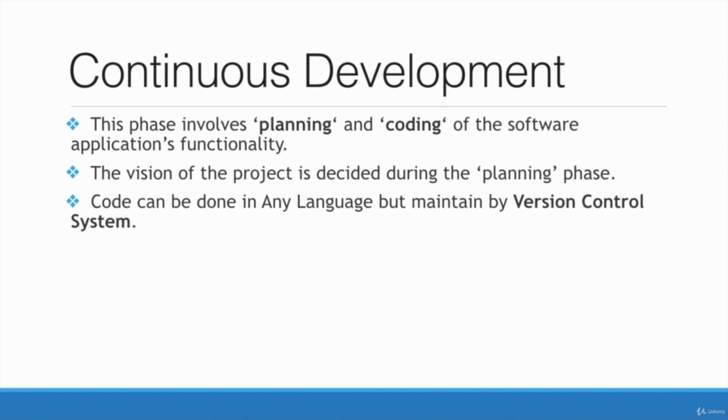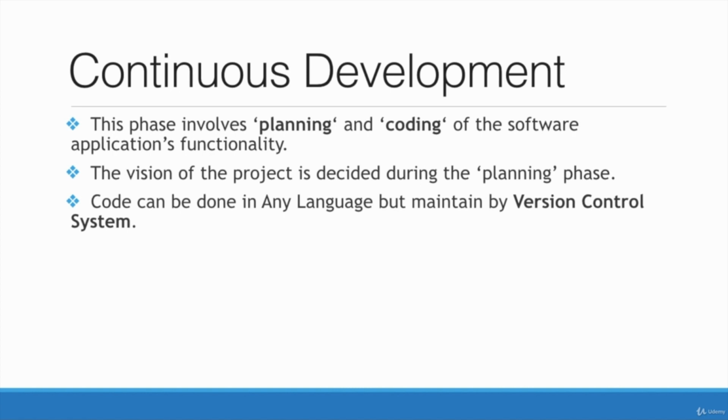Code can be done in any language. It is the decision of your organization and your development teams, right? So we are not going to decide which programming language we are going to use, because a single application can use multiple programming languages. It is not the case that a single application can only use Java or only PHP, right?